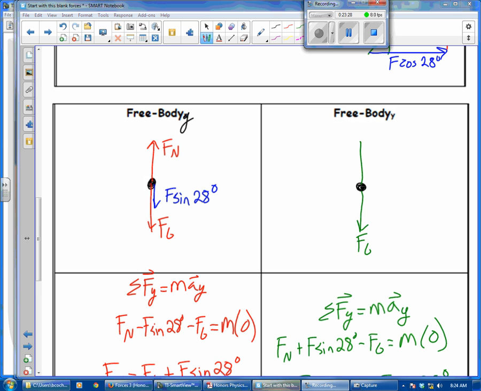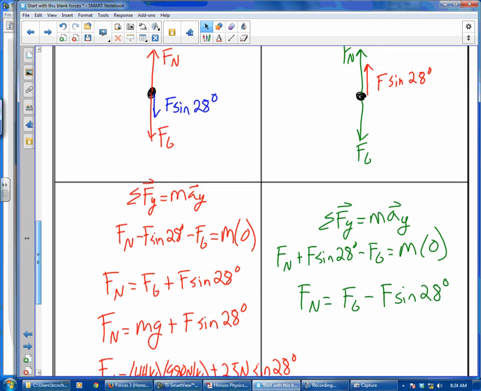Fg, Fn, and F sine 28 degrees. Sorry about that, lost track where I was.